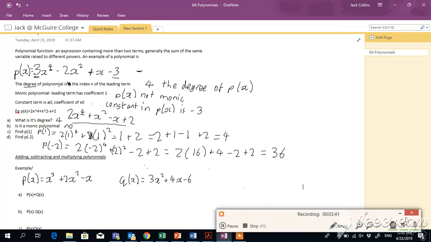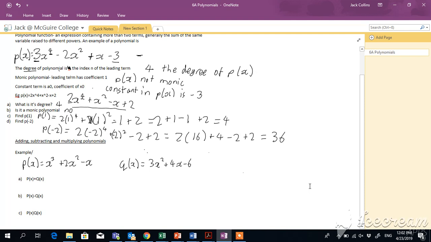Cool. Okay, so moving on to being able to add and subtract polynomials. When you've got terms here, p of x plus q of x is just equal to, p of x is this value up here, x cubed plus 2x squared minus x, and q of x is this expression over there, 3x squared plus 4x minus 6.